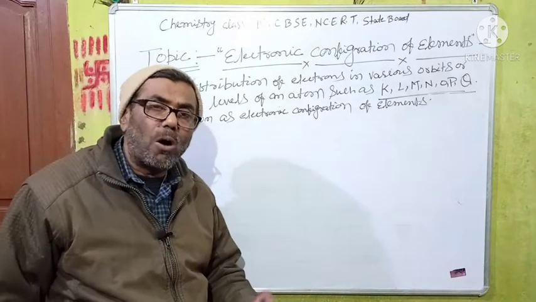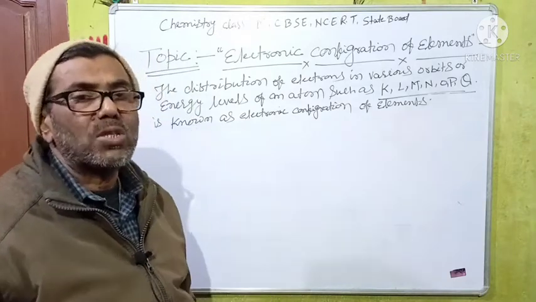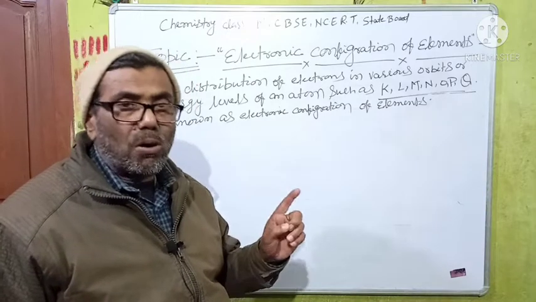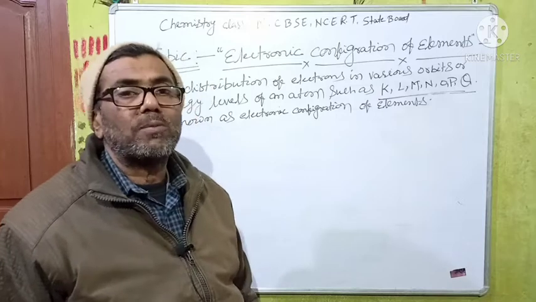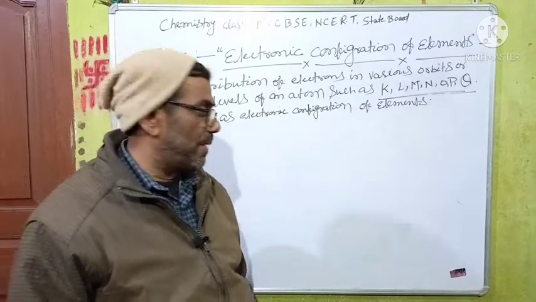There are 7 orbits, or shells or energy levels, used for the distribution of the electrons of an atom of an element.